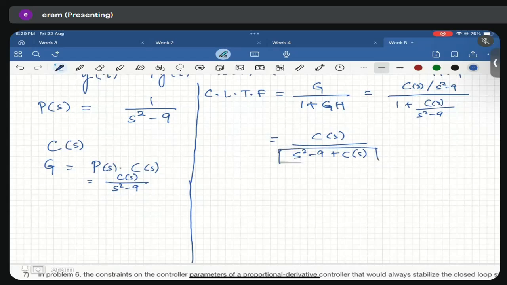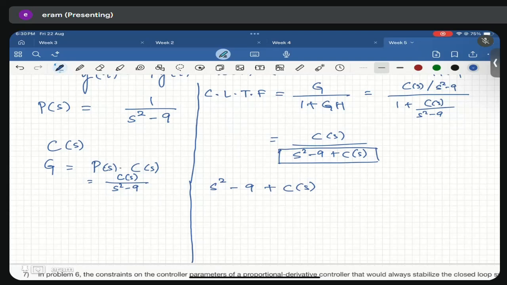That we can study from the characteristic equation, which in this case is s square minus 9 plus C(s). Now in order to have all the poles in the LHP, how can we ensure that using the function C(s)?